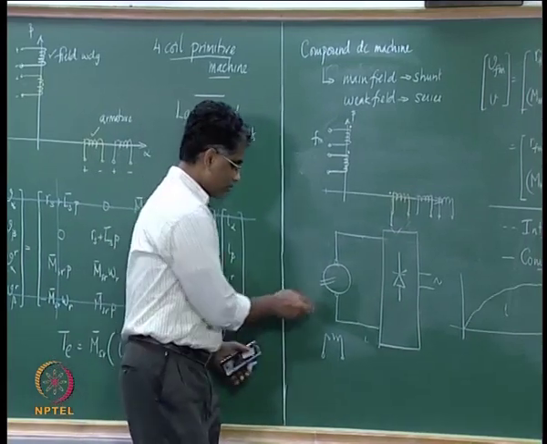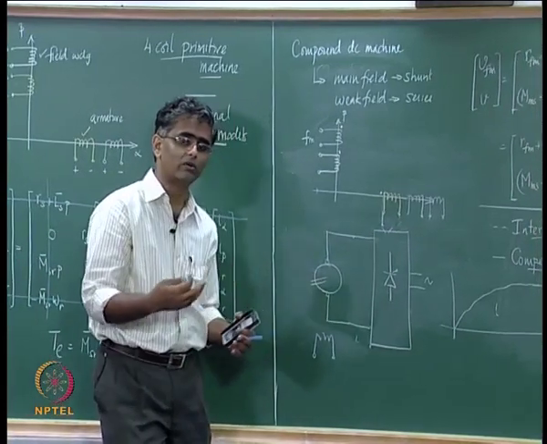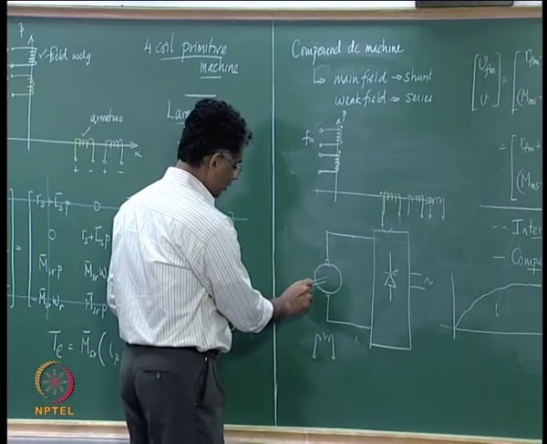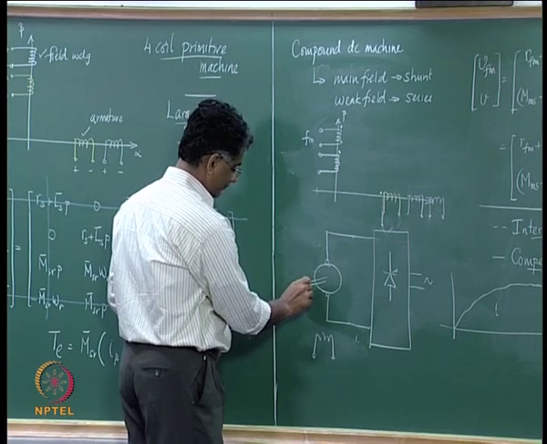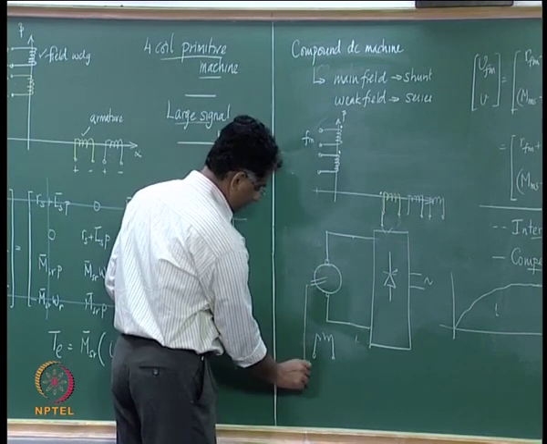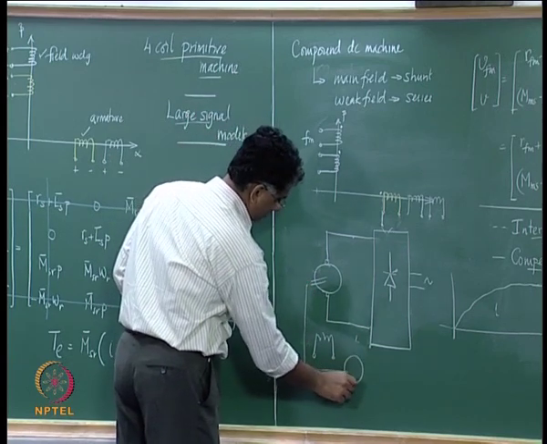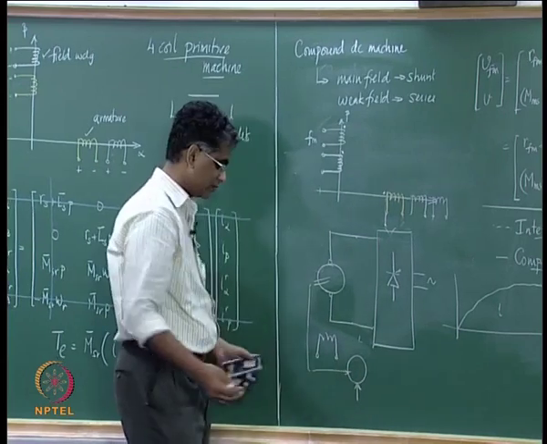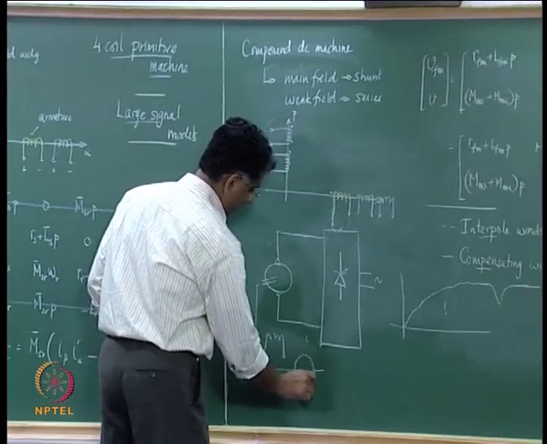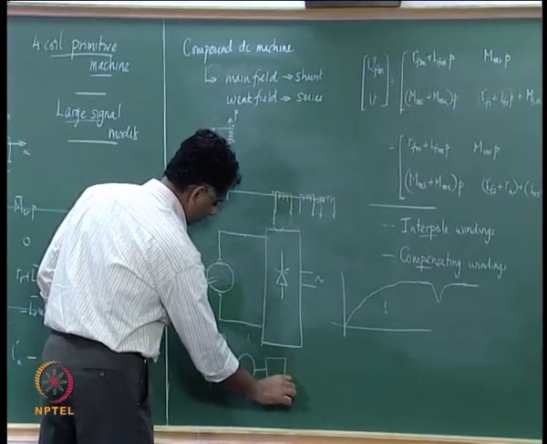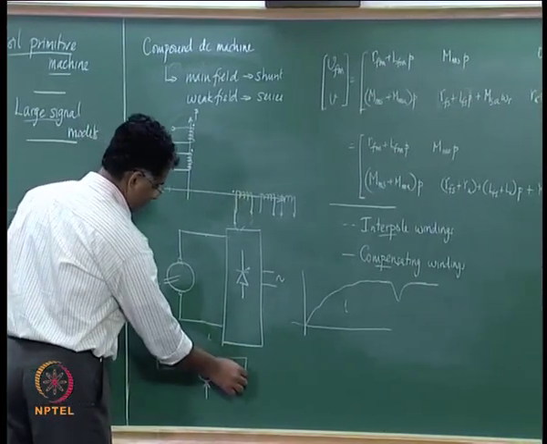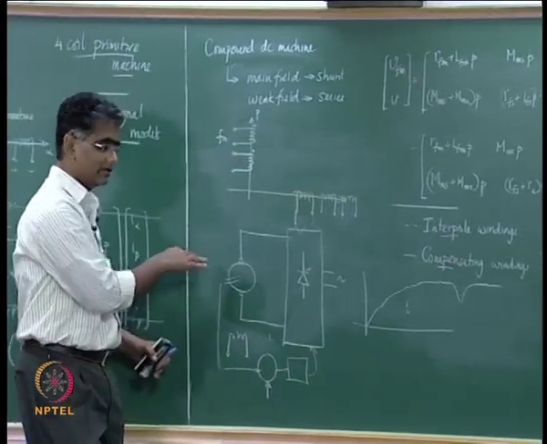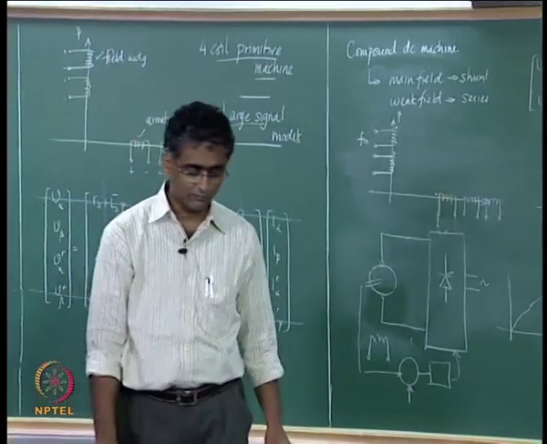Let us say you want to look at an application where you regulate the speed of the DC machine. Then probably you would sense the speed, and based on comparison with a certain reference, you derive an error signal, and depending on what this error is, you would appropriately control this converter so that the speed remains regulated.